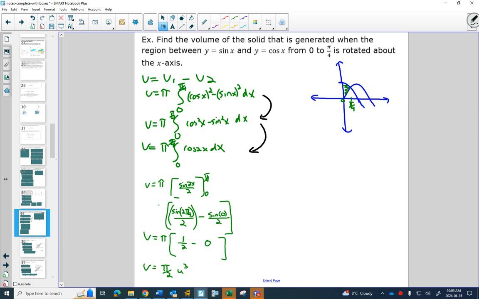What's really nice about this one is that if you had tried to do the integrals separately, they're both a lot of work. But if you do them together, cos squared minus sine squared is perfectly cos 2x. And that makes your integration easy.